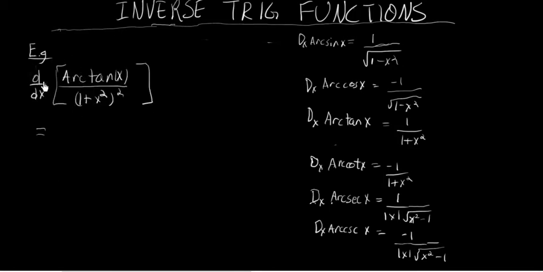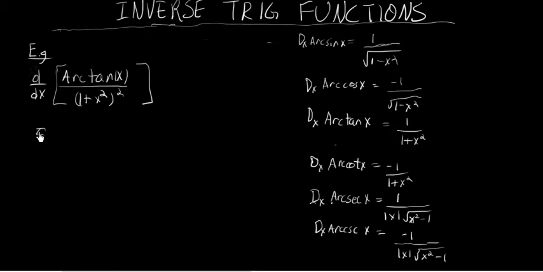The final example for this video, we'd like to find the derivative of arctangent of x over 1 plus x squared, the quantity squared. So we have a quotient here, so we should use the quotient rule.